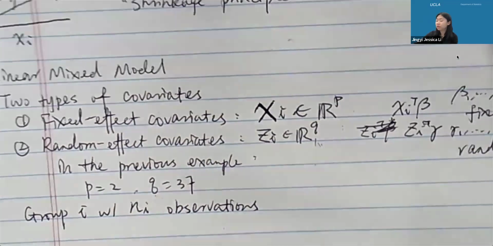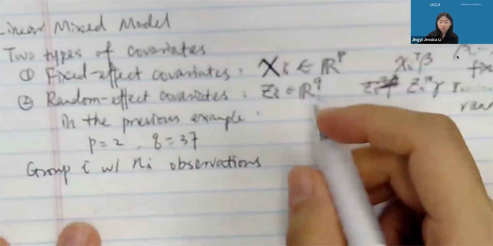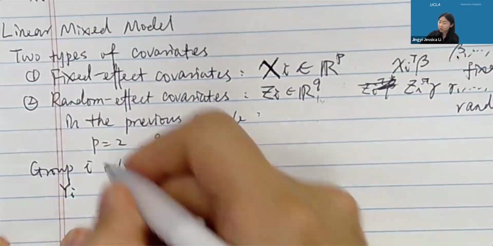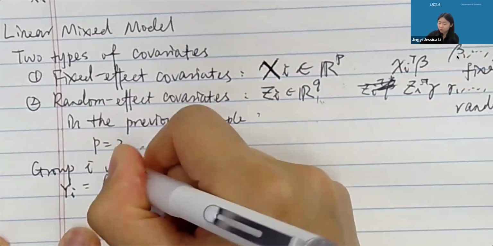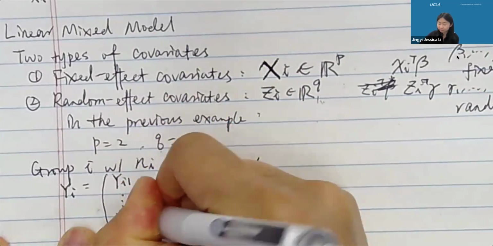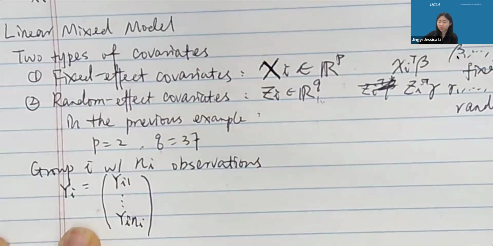So using the notations we have seen just now, we have yi as a vector. We put all the responses into a vector, yi1 to yini, ni observations. And we have two sets of covariates.